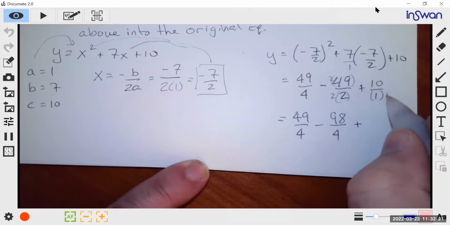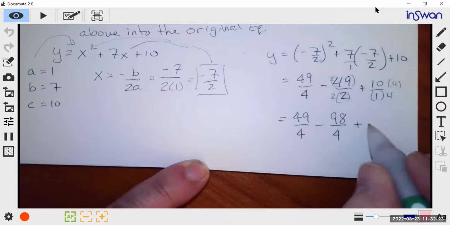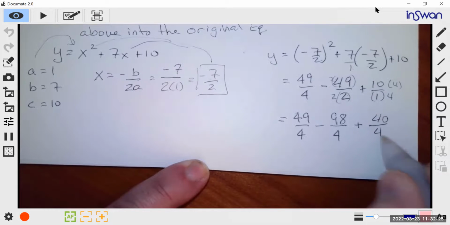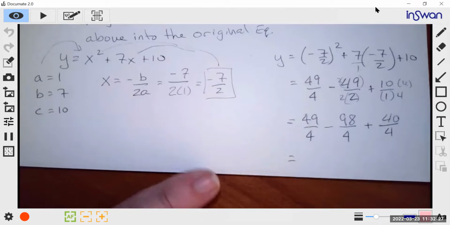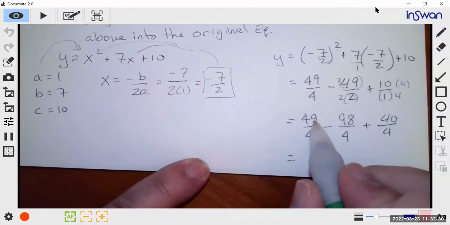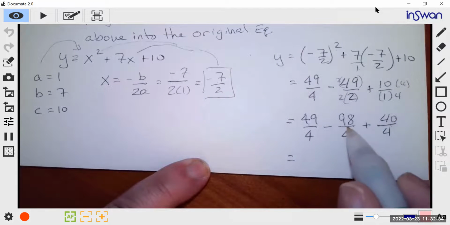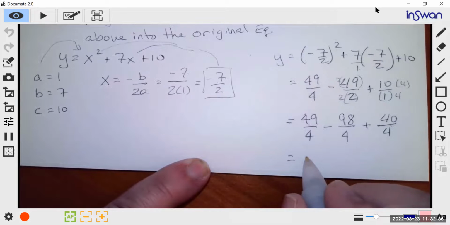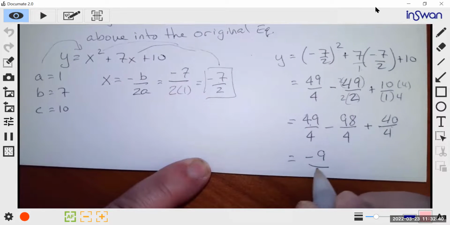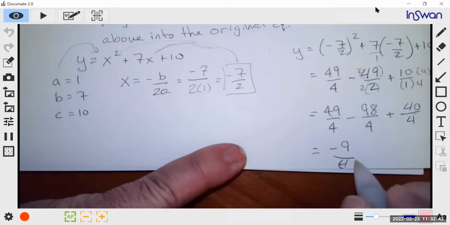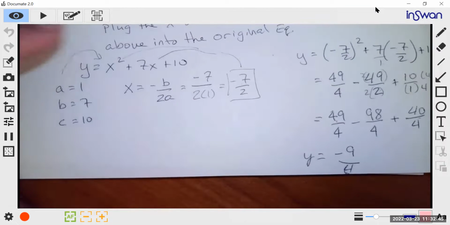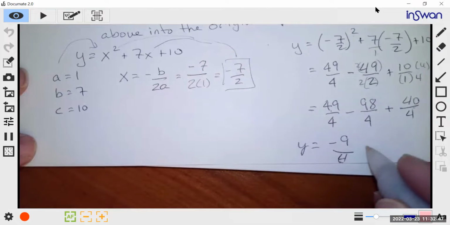And this one by 4, so it's 40 over 4. 49 plus 40 is 89, minus 98 is minus 9 over 4. That's the y value of the vertex.